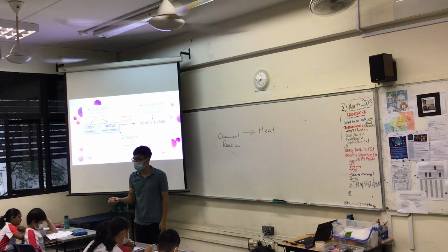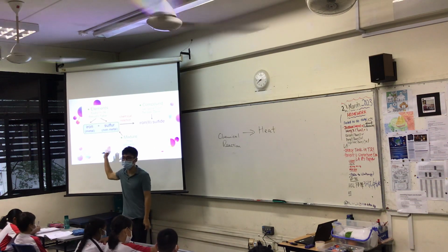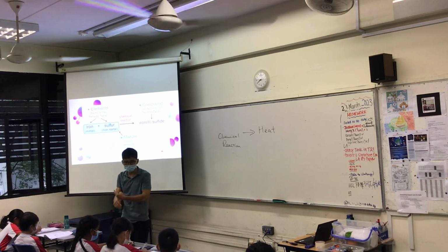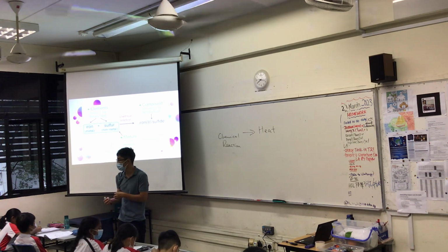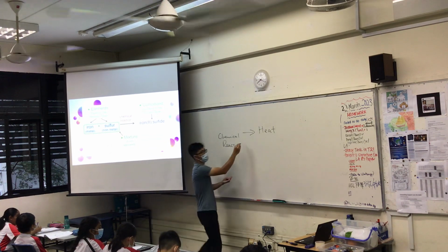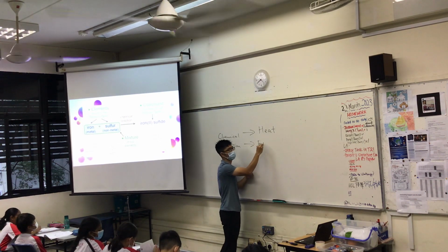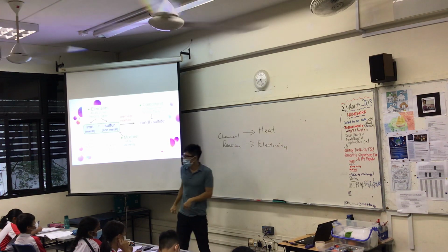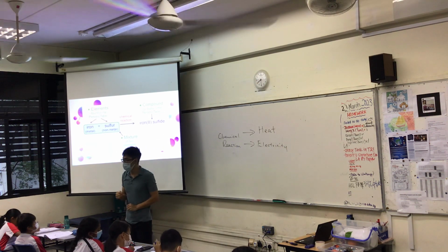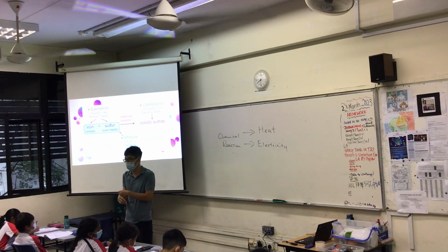Sometimes when we apply heat, it can cause two or more elements to react with each other to form a compound. Another way I can carry out a chemical reaction is if I apply electricity. Sometimes a little electricity can help to trigger the chemical reaction from occurring.